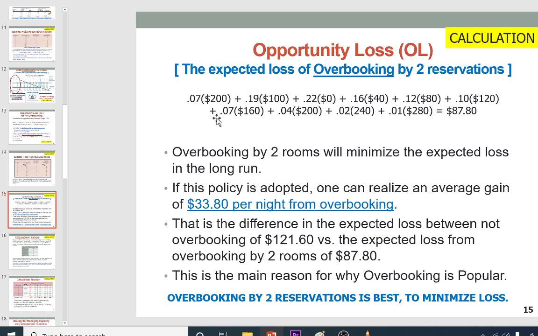And then 0.07 multiplied by 160, and 0.04 multiplied by 200, and 0.02 multiplied by 240, plus 1% multiplied by 280. This means a total of 87.80 cent of opportunity loss by practicing overbooking for two reservations.